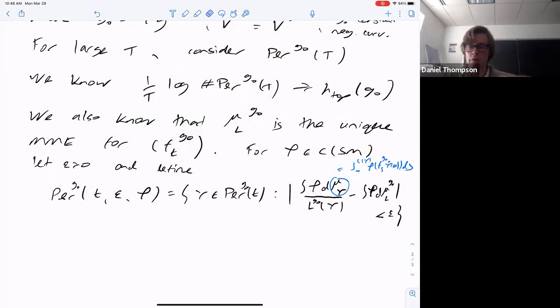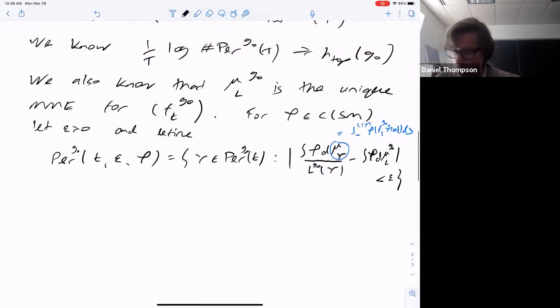It's a closed orbit, so just evaluate the function along it. It's like a sum. Just normalize it by length, so it's like the average, right?